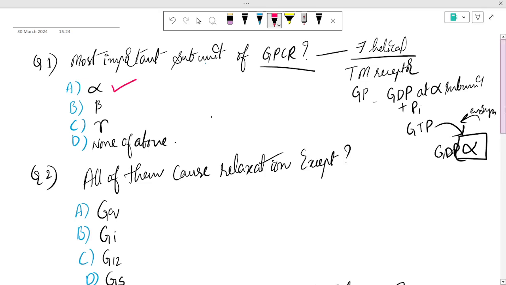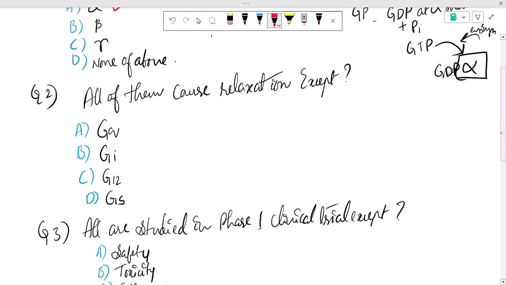Okay, now the second question. All of these cause relaxation except. This is actually a very good question. You take Gq, Gi, G12 and Gs. Now all of these cause relaxation except, any answers? All of these initiate a mechanism of relaxation except one receptor.